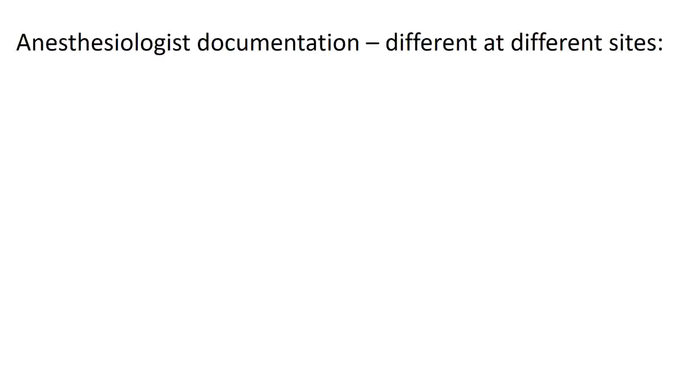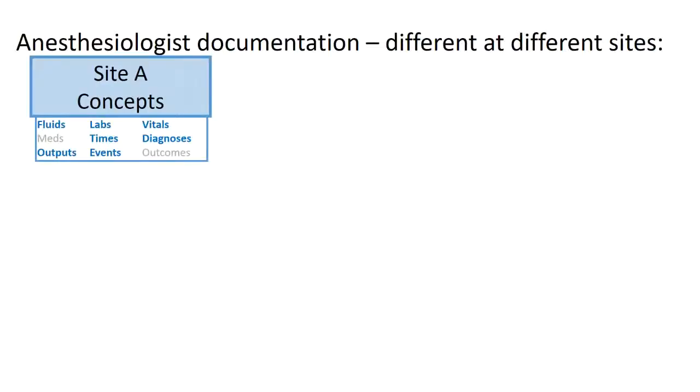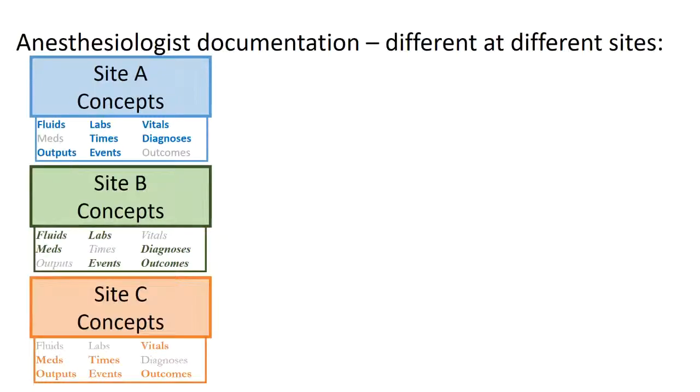And so just focusing on the anesthesiologist documentation part of this issue, let's just say we have 3 different sites. They document different variables in different ways. Sometimes they're similar, sometimes they're very different, sometimes they're missing specific data elements, and sometimes these are overlapping, sometimes they're not.